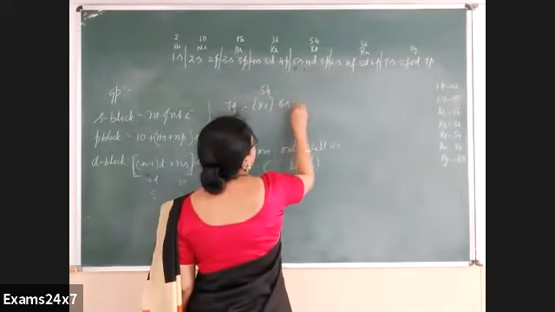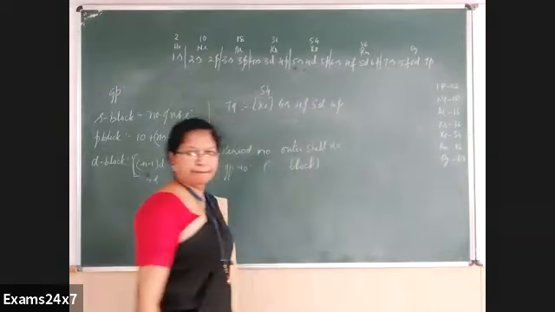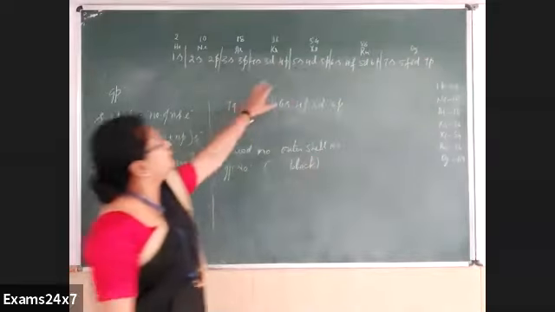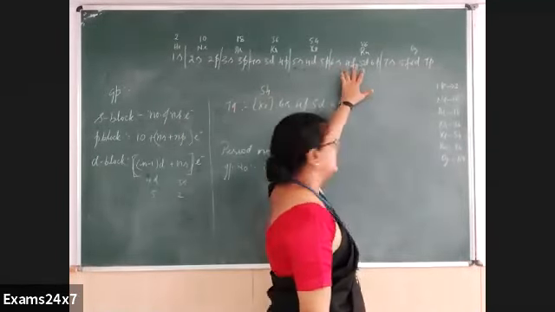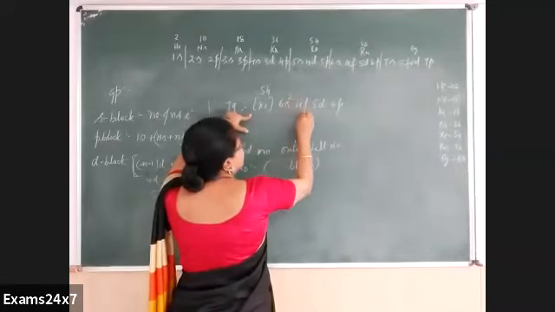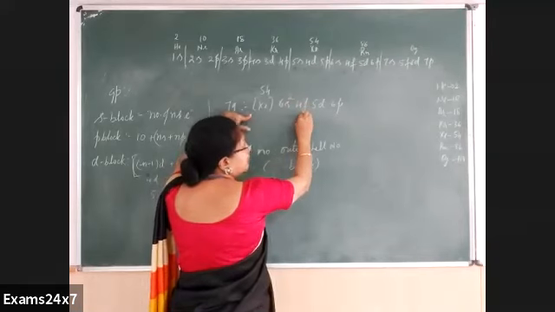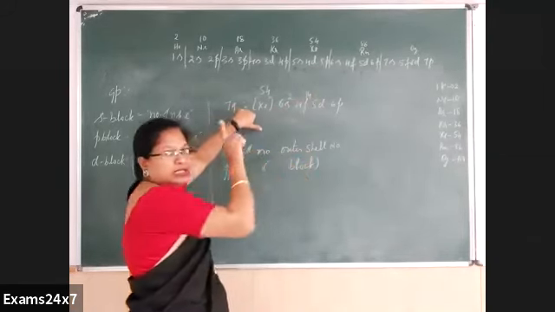6s, 4f, 5d, 6p. After xenon, these are the set of orbitals available. Correct. 25 are required. Fill 2 here, 4f, 14. How many are over? 16 are over.